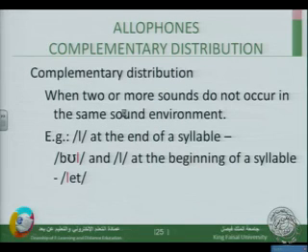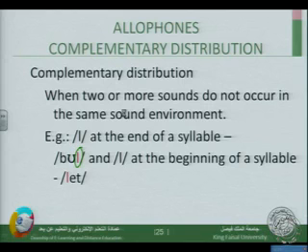With allophones we also have something called complementary distribution. We said allophones means a variant of phonemes: the same phoneme may have different pronunciations, may have different rules. What does complementary distribution mean? When two or more sounds do not occur in the same sound environment. For example, L at the end of a syllable, bull, and at the beginning of a syllable, lit.